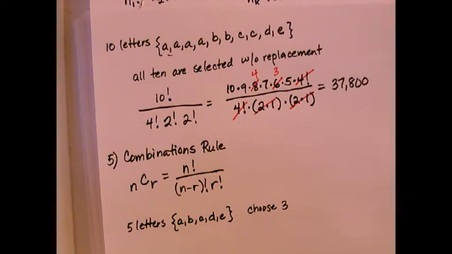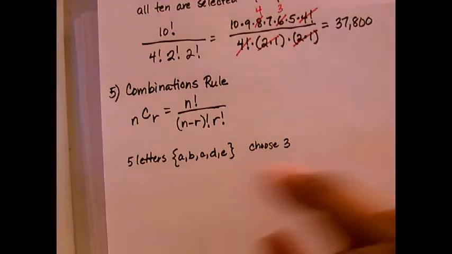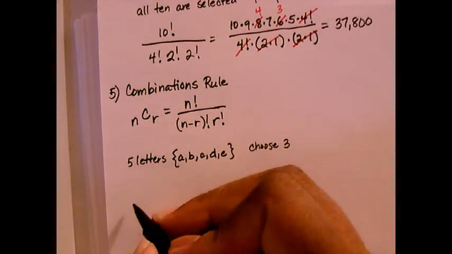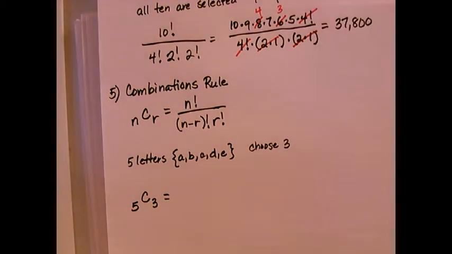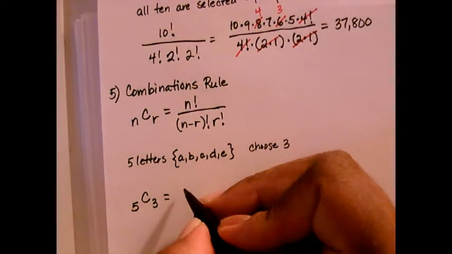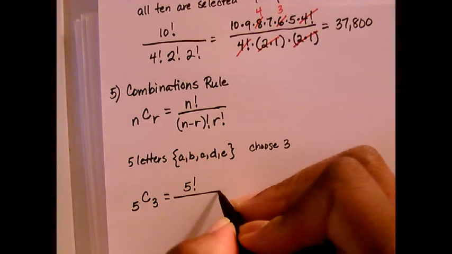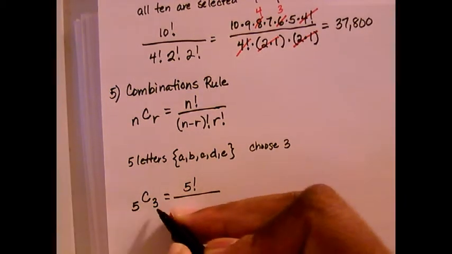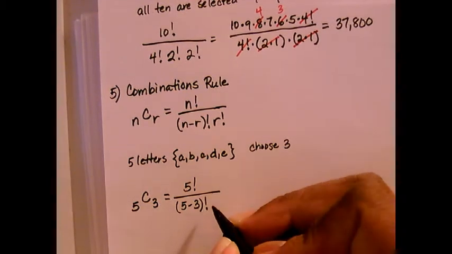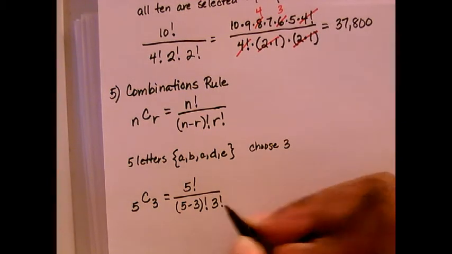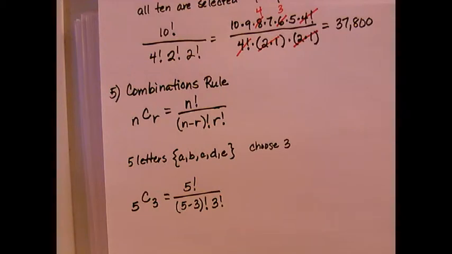And the order does not matter, so we can use this combinations formula. So n is going to be 5, so it'll be 5C3. And that's going to be equal to n factorial. N is 5, so it'll be 5 factorial divided by n minus r, that's 5 minus 3 factorial times 3 factorial.